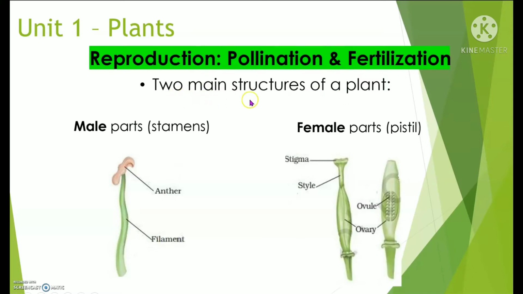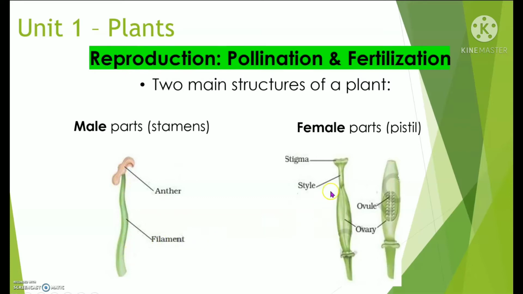The two main structures of a plant involved in pollination and fertilization are the male parts, which are called stamens, and the female parts, which are called pistil. The male parts have the anther and filament. This is the anther, or the top part of the filament.